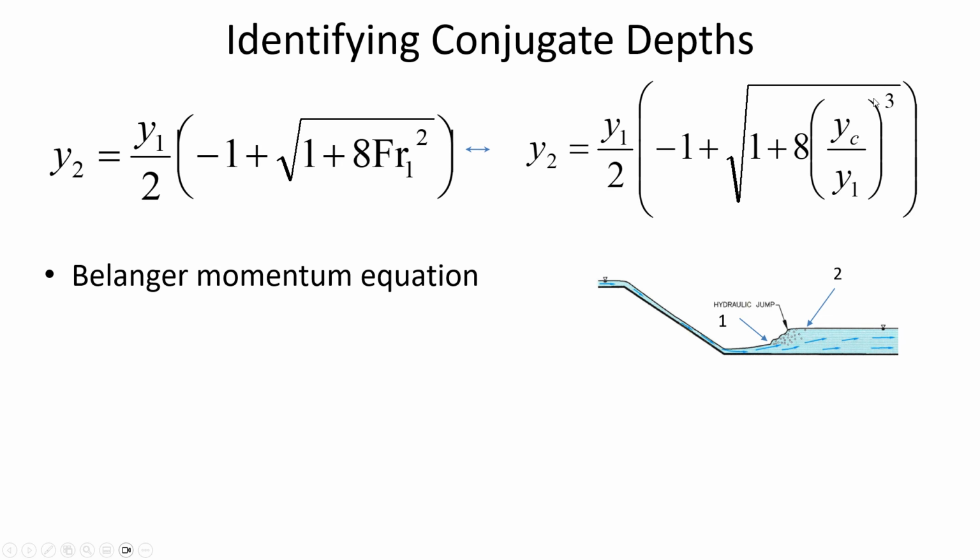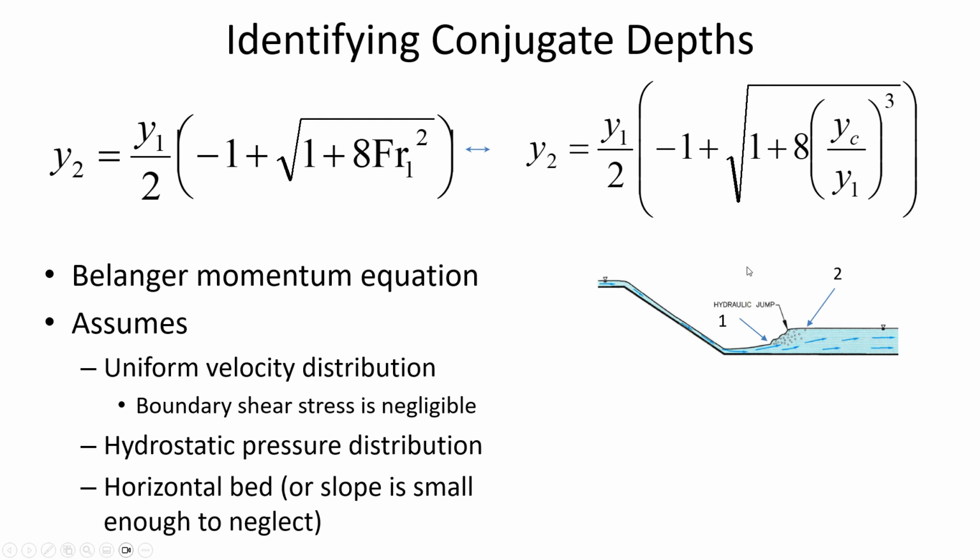Notice though that this term is cubed, whereas with the Froude number we're squaring it. Either way, we use this equation to say we know the supercritical depth prior to the hydraulic jump, we want to know what depth is associated with the same amount of momentum downstream. So this momentum equation has some simplifications that will never be true.